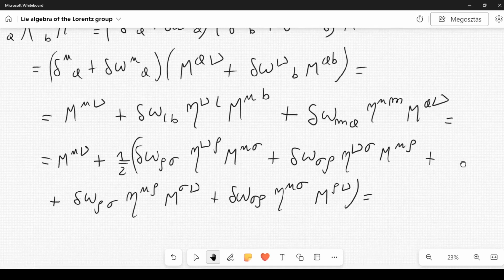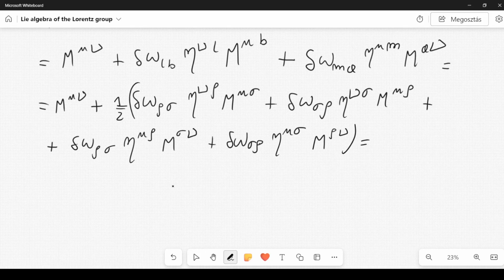Now I'm going to rewrite it one more time like this. I will make use of the anti-symmetry property of delta omega.